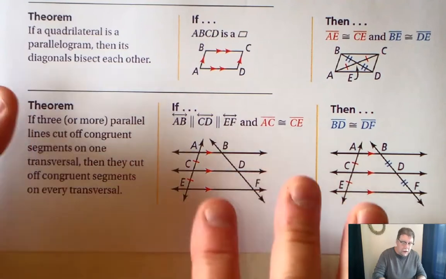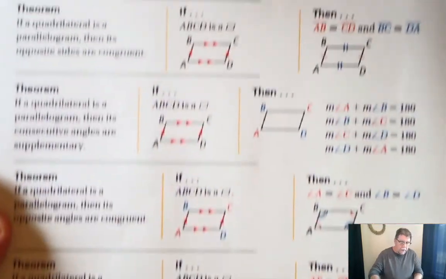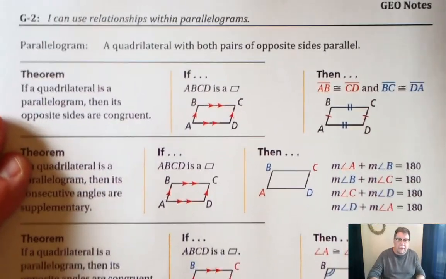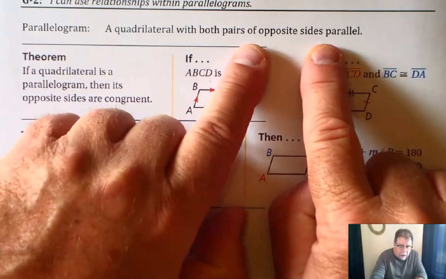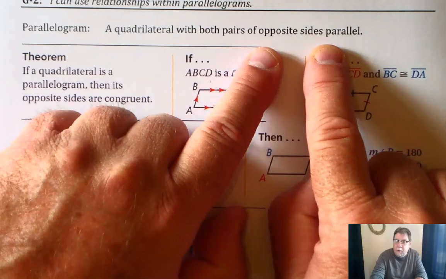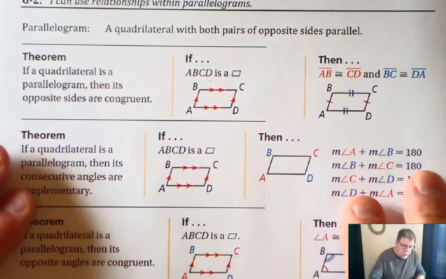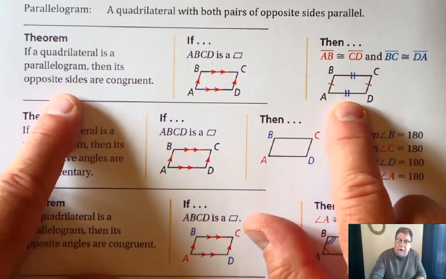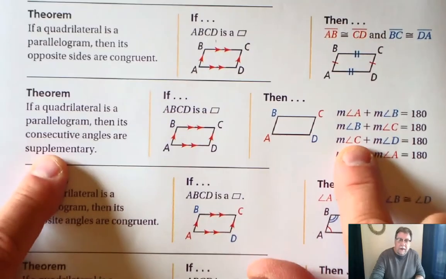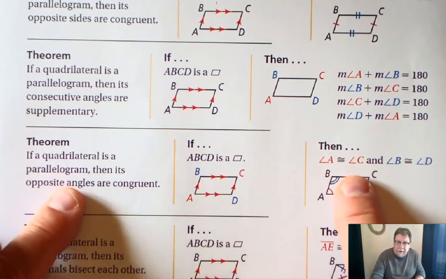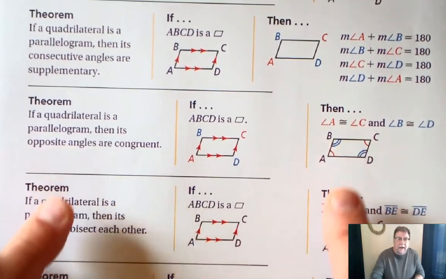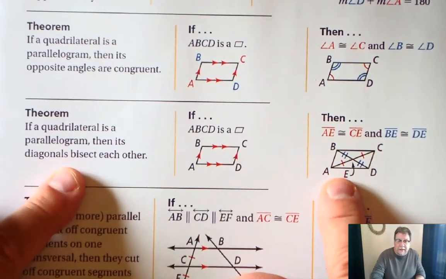And so there's a quick look at the 4 properties. Let's run through them one more time so that we understand. Not only does a parallelogram have parallel sides that are opposite, which would be the definition of a parallelogram, but the sides opposite are congruent. Also, the consecutive angles are supplementary. The opposite angles are congruent. And the diagonals bisect each other.